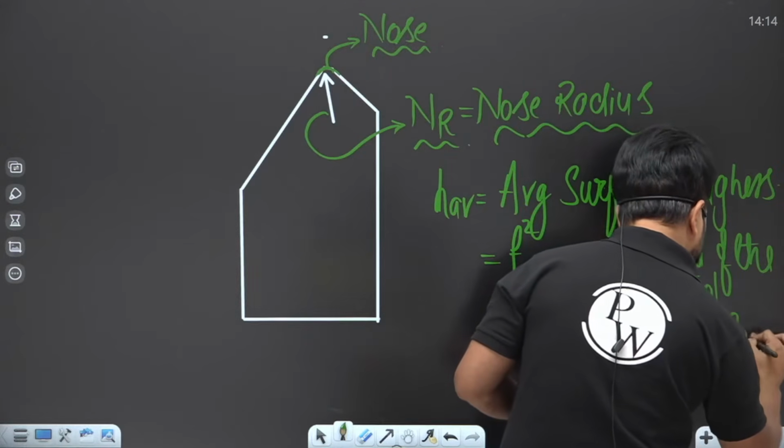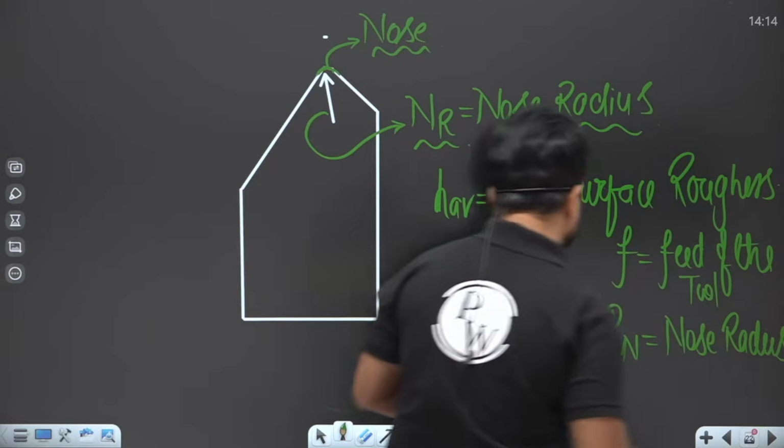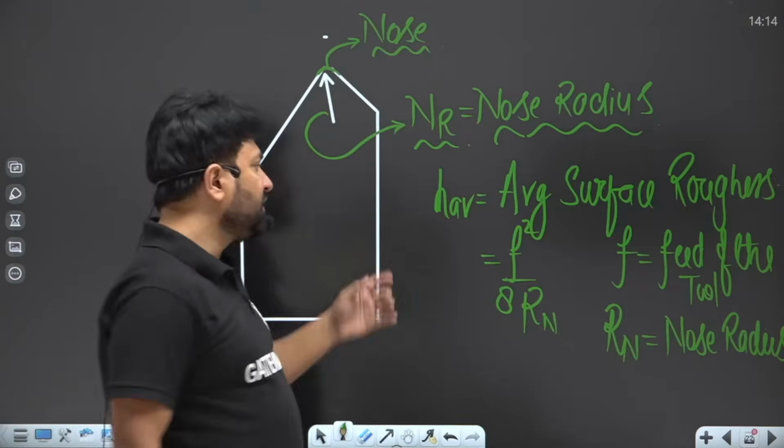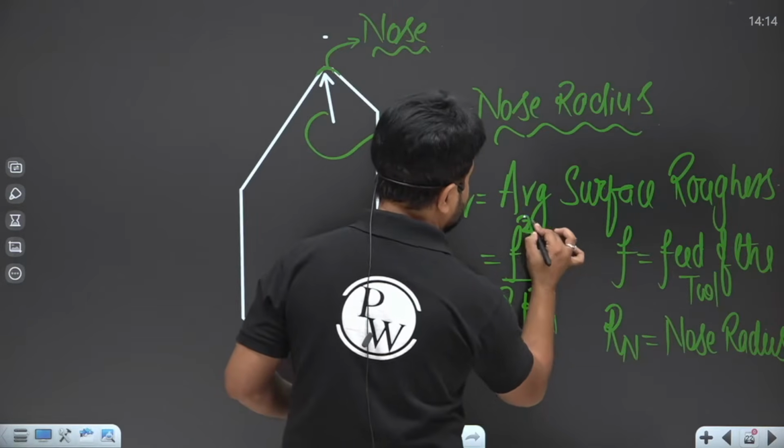My dear, if you keep the feed constant, here it is F square.